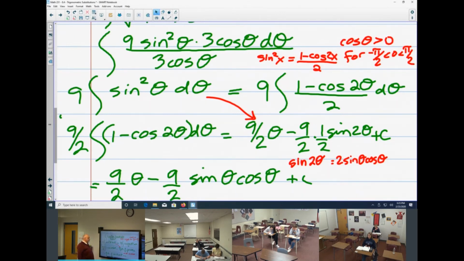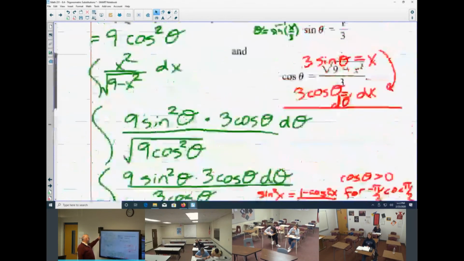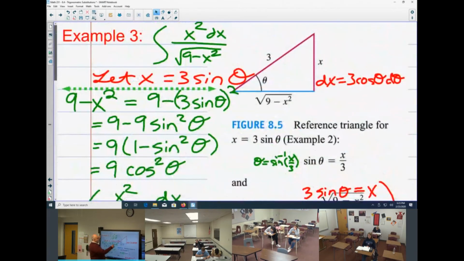So now that I've got everything in terms of theta, I need to put it back in terms of x. The sine and cosine are easy enough to read off the triangle. Sine would be opposite over hypotenuse, cosine is adjacent over hypotenuse. The thing that's a little tricky is theta.